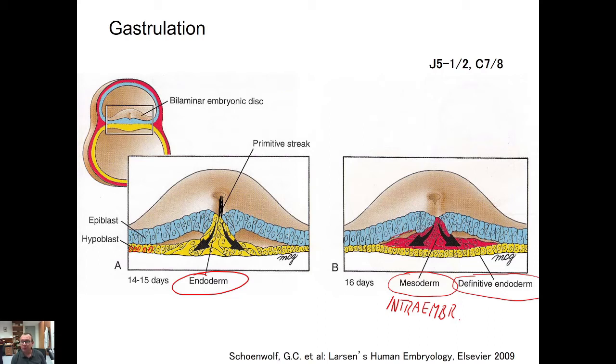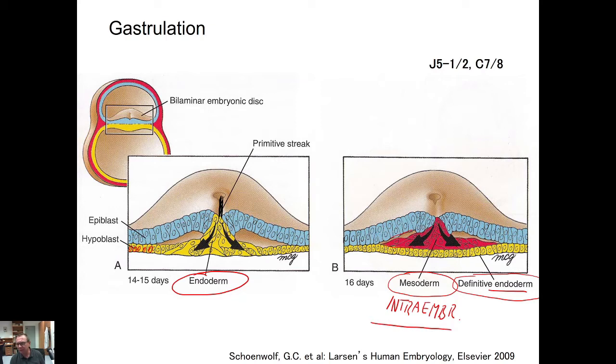Okay, so what have we got now? We have a disc which hasn't got 2 layers but 3 layers. Its completely new layers are endoderm and intra-embryonic mesoderm, and everything that is remaining now is to rename the epiblast.